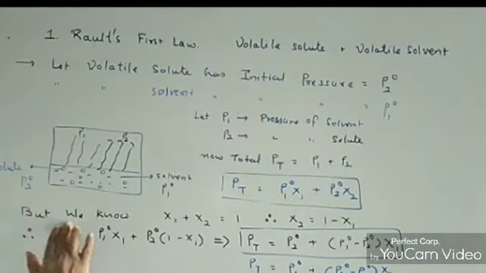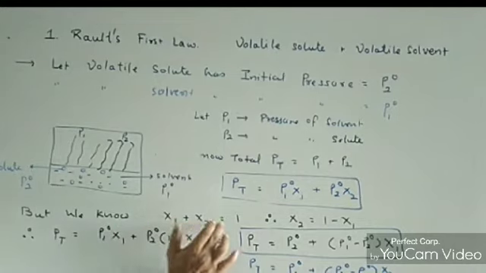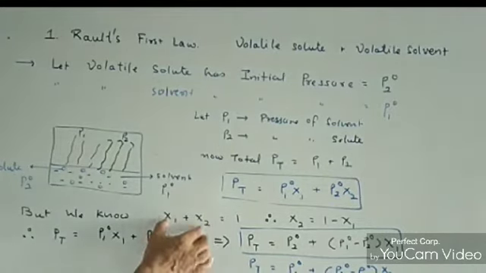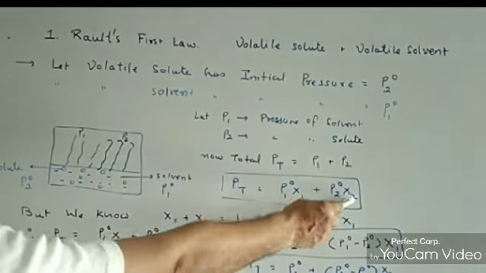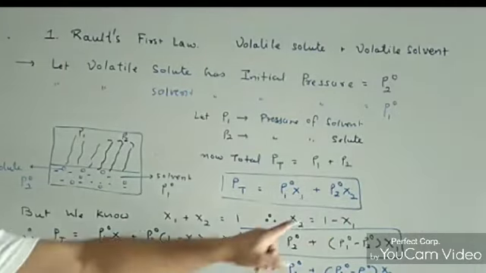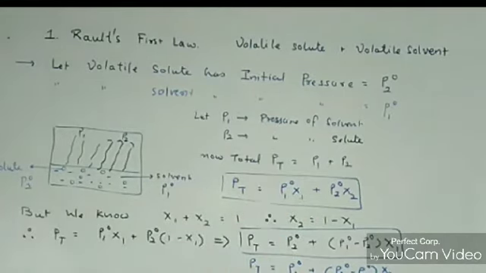But dear students, we know that x1 plus x2 is equal to 1. The addition of mole fractions of anything always remains 1. Therefore, x2 is equal to 1 minus x1. So in place of x2, I am putting 1 minus x1. Now the final answer is Pt is equal to P20 plus P10 minus P20 x1.